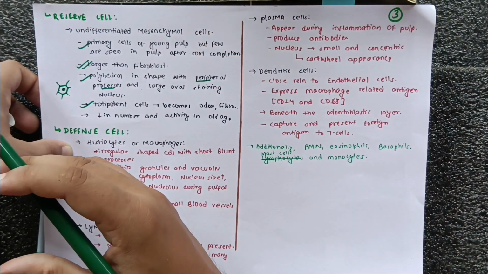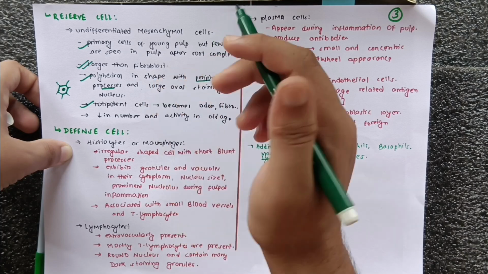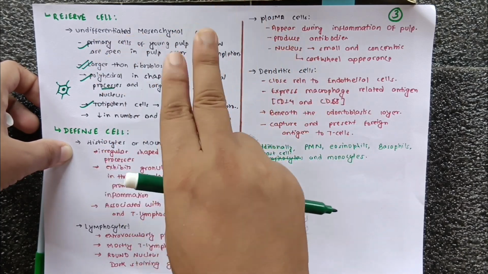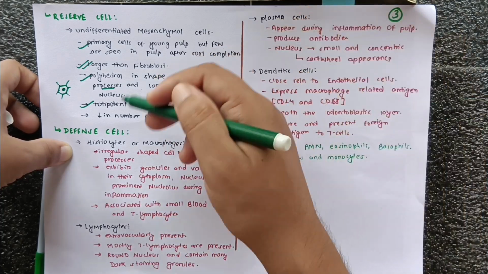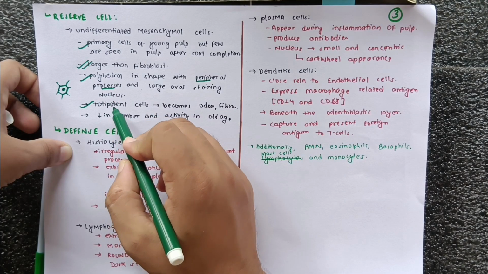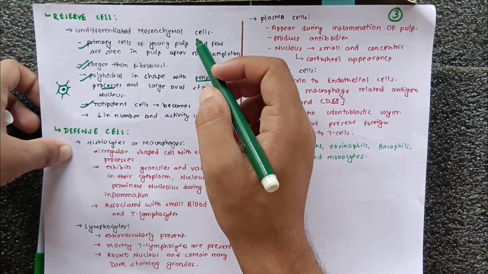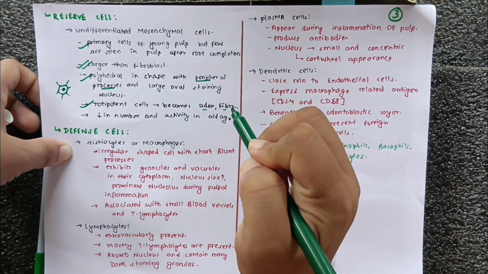As I told you previously, we have the pulpal stem cell, and stem cells and undifferentiated mesenchymal cells have quite similar functions. I have not written about the pulpal stem cells here, so you can relate all those points to that cell too. The important function of undifferentiated mesenchymal cells is being totipotent: as needed, they can differentiate into the odontoblast or the fibroblast.